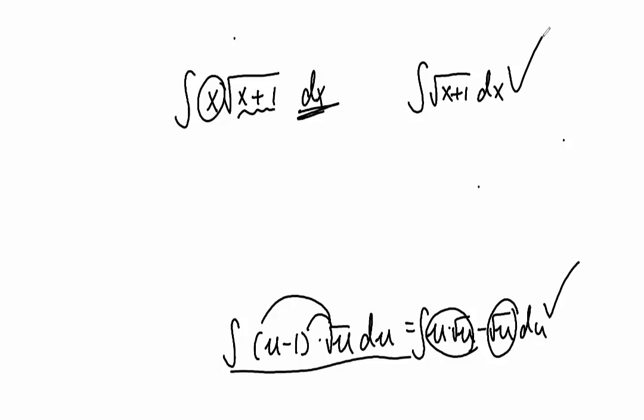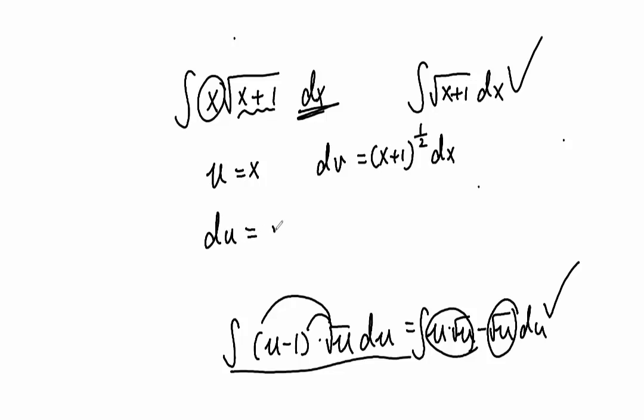That means I want to get rid of x. In order to get rid of x, I should set x to be my u. Our dv will be, I'm going to write it in exponential form, x plus 1 to the one half dx. Maybe this is not easy, but we just want to try this to see if integration by parts can also solve this problem. Okay, now let's do du.